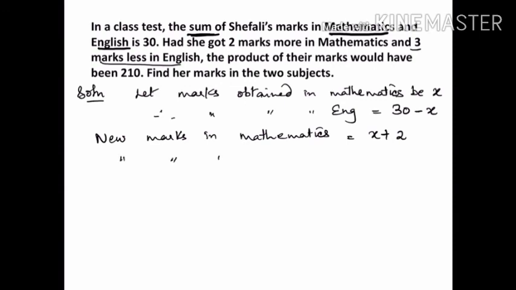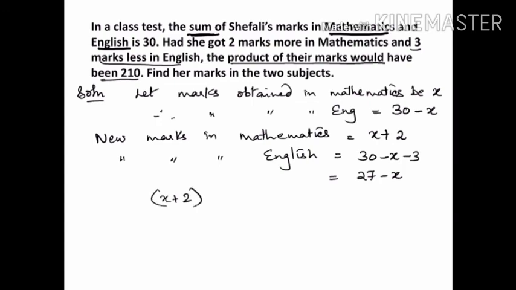So new marks in English will be 30 minus X minus 3. So that is 27 minus X. The product of these marks would have been 210. The product of new marks. So X plus 2 into 27 minus X will be equal to 210.